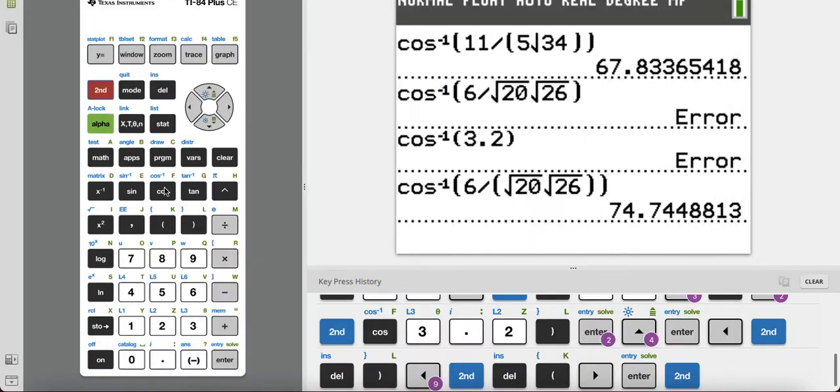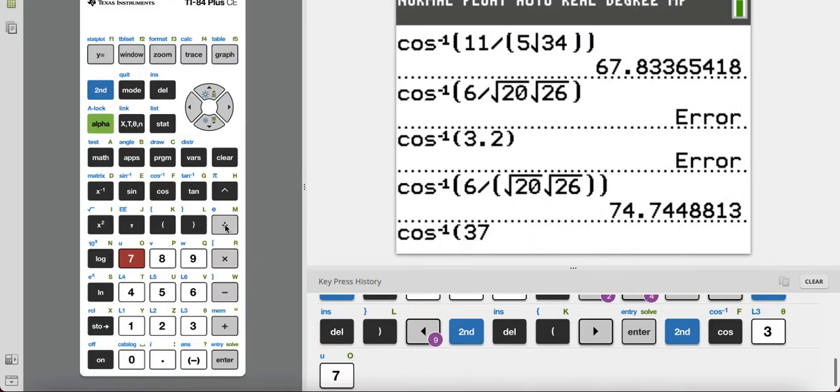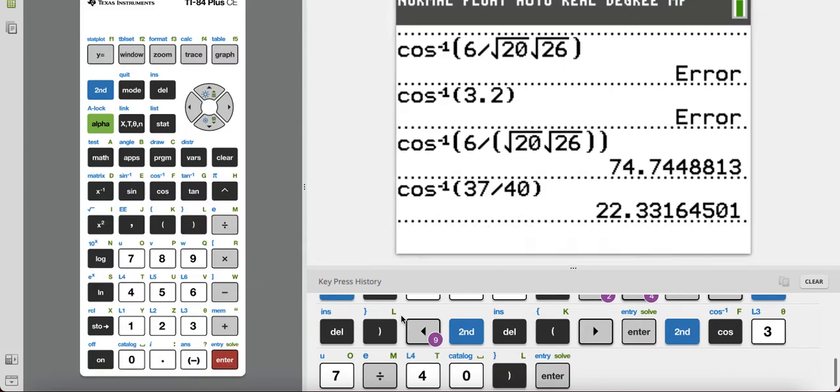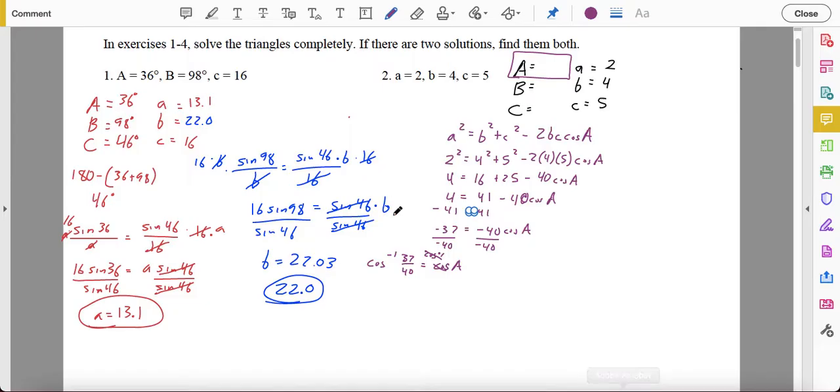So second cosine, 37 divided by 40. And we get 22.3 degrees. So 22.3 degrees is our solution for angle A.